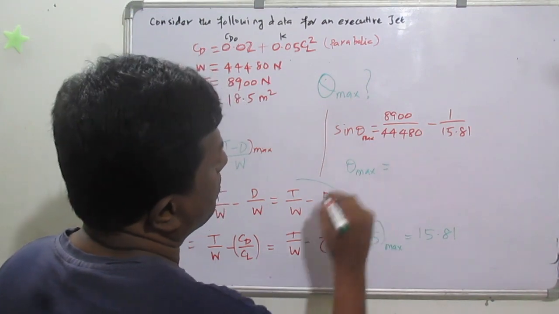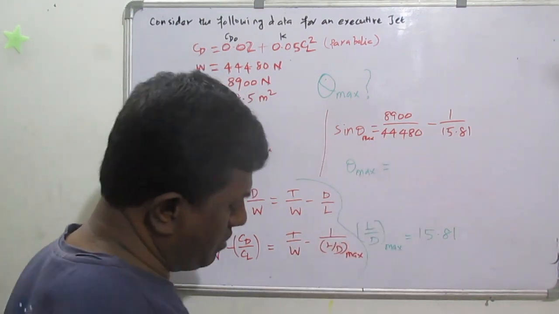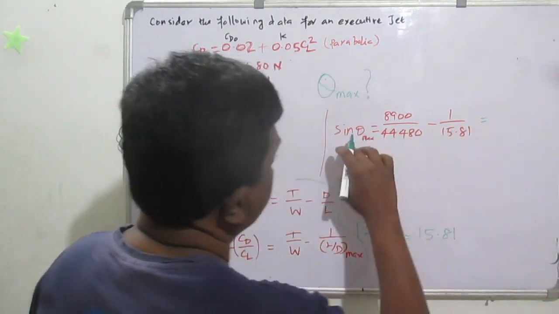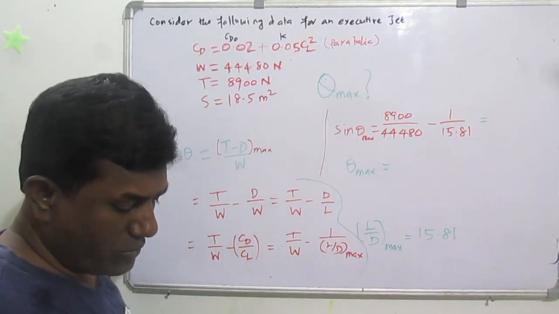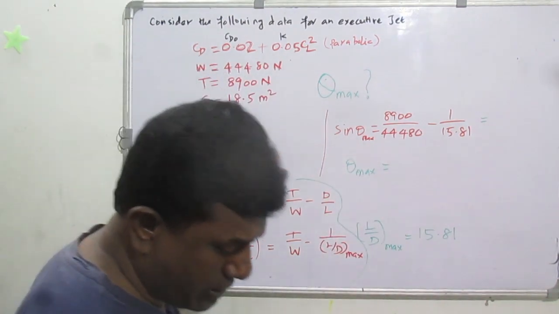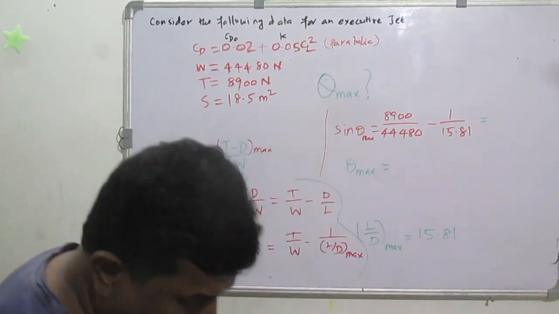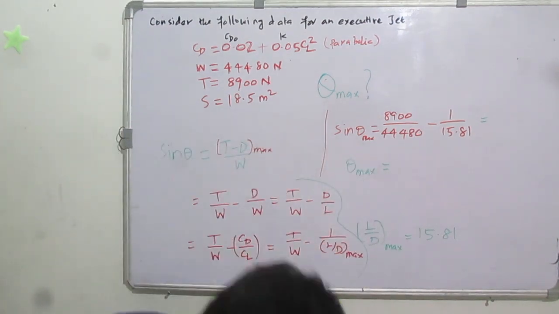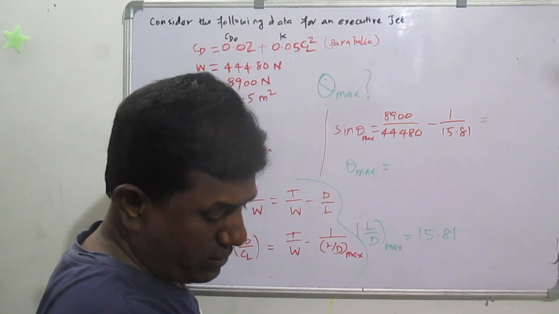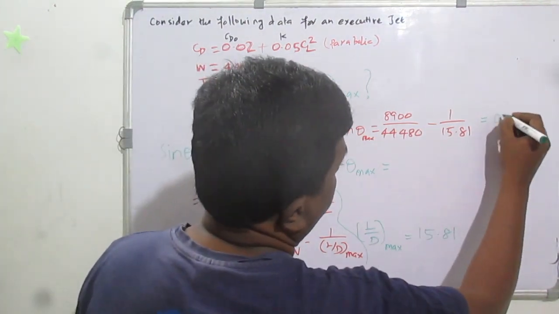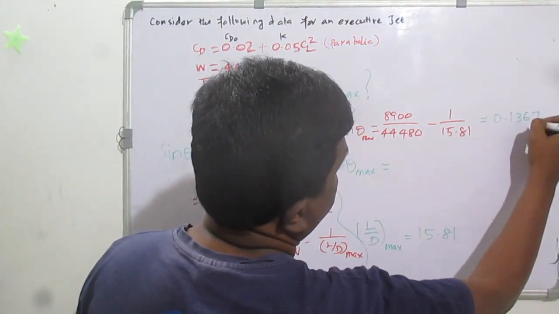So theta max equal to, this value comes around 0.1367.